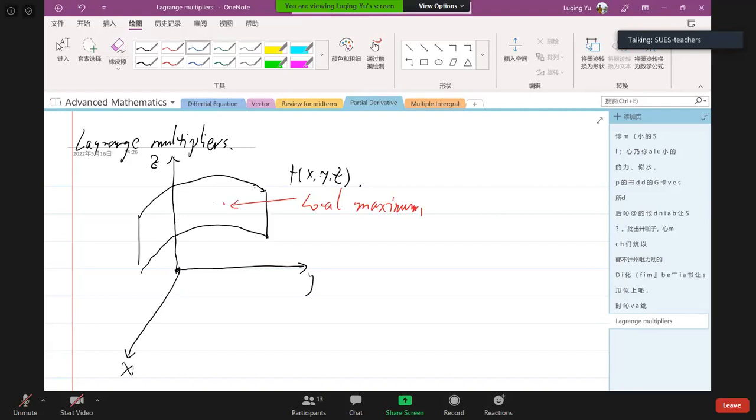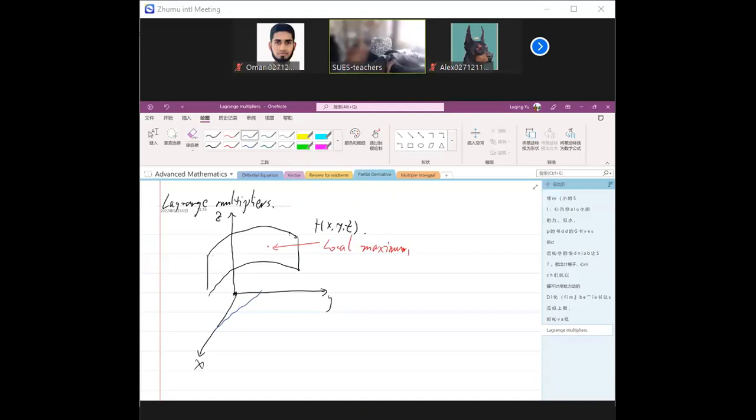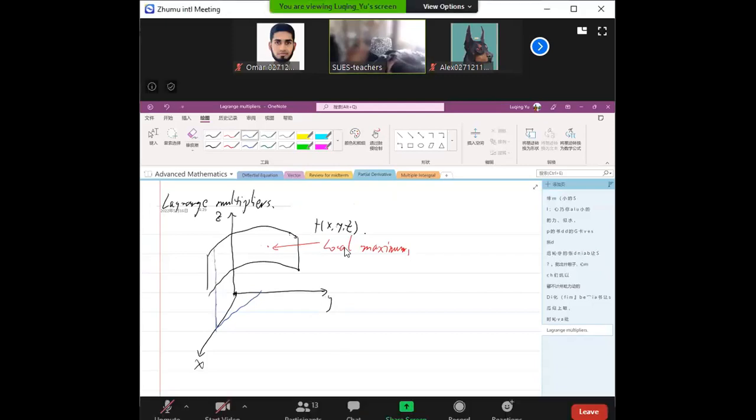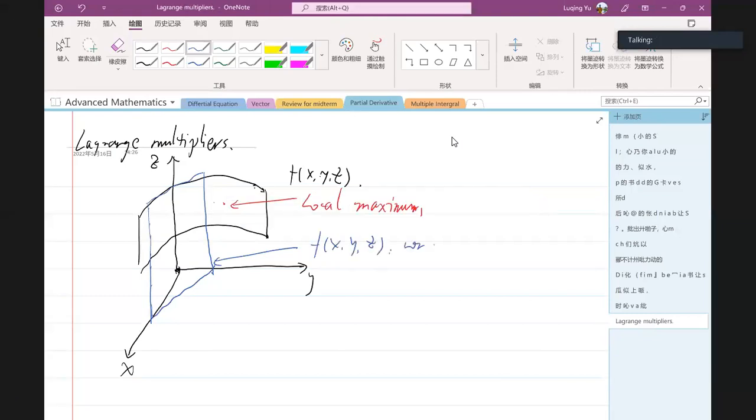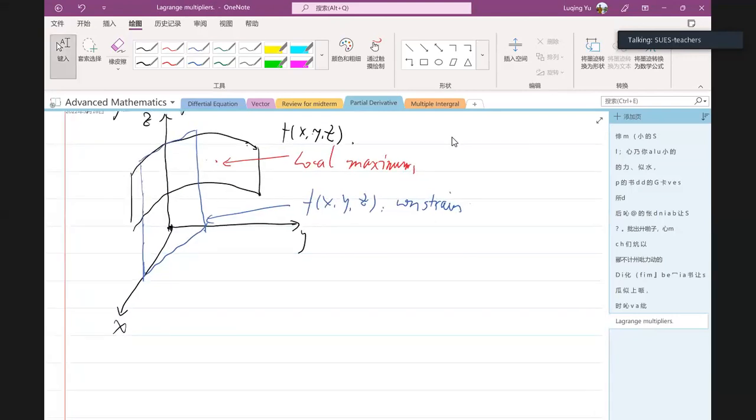If we set this in the 3D space, this is our constraint, the constraint on f(x,y,z).